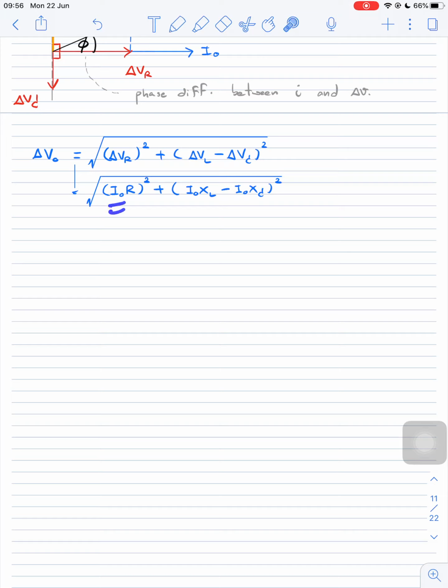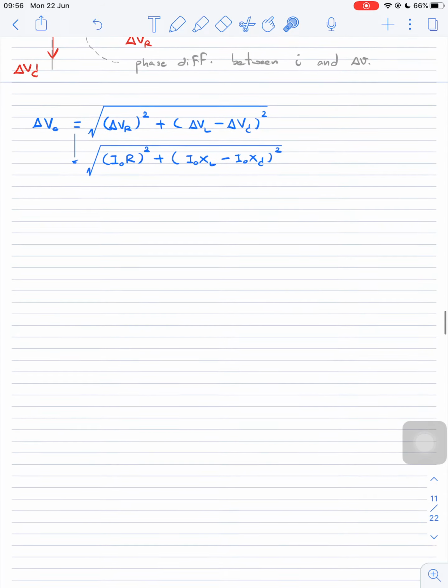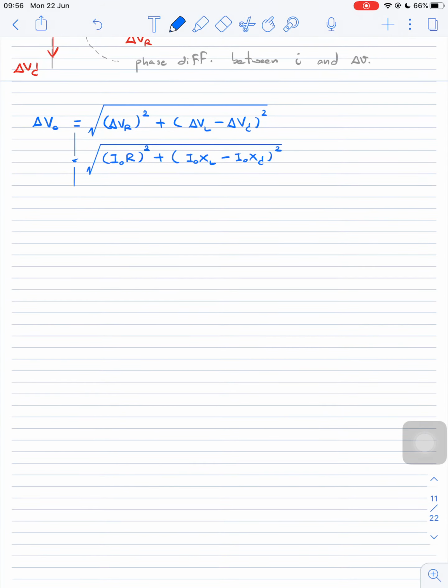This I naught is a common factor, so we can bring it out of the square root. Then we have I naught times the square root of R squared plus XL minus XC, squared.